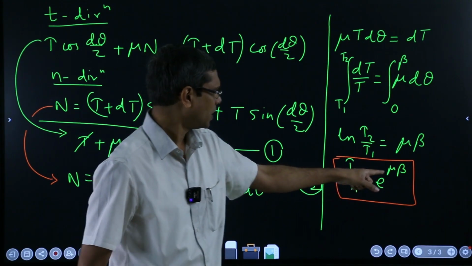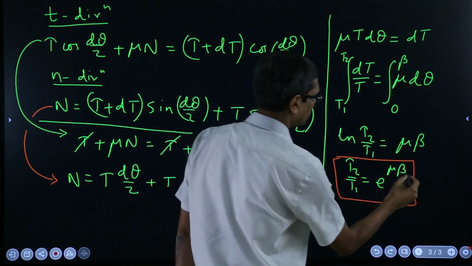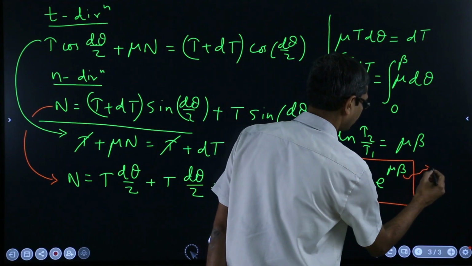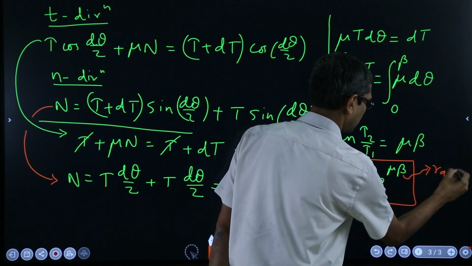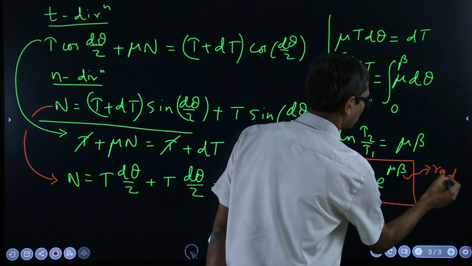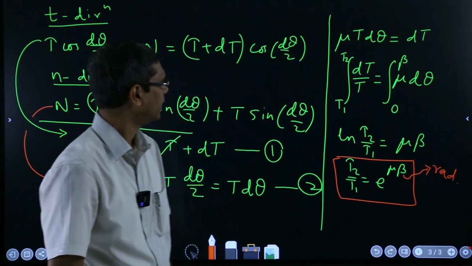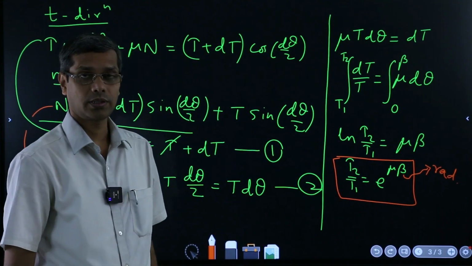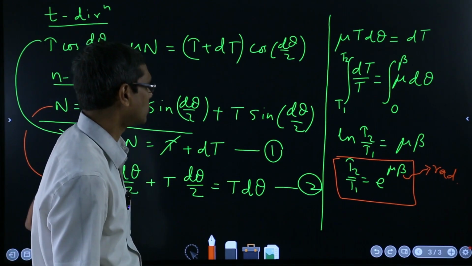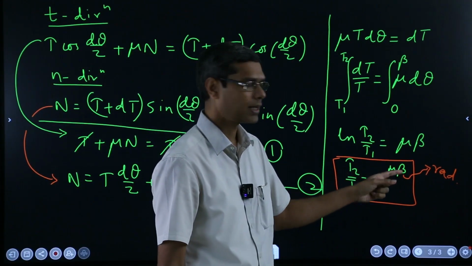And please note that this angle beta is in radians. So many times students forget to use that beta in radians. So please make sure that you use beta in radians.